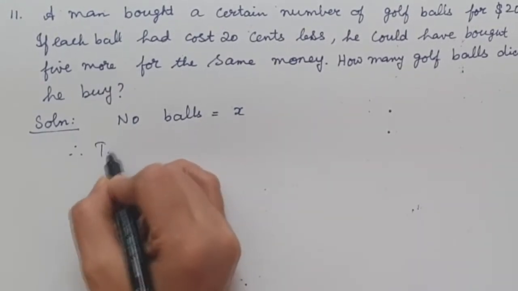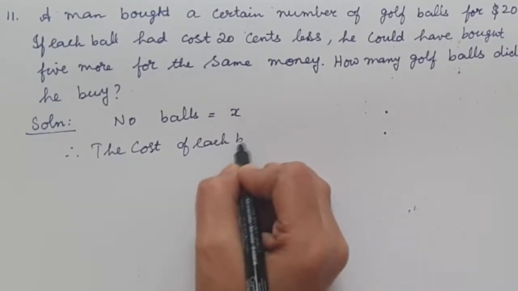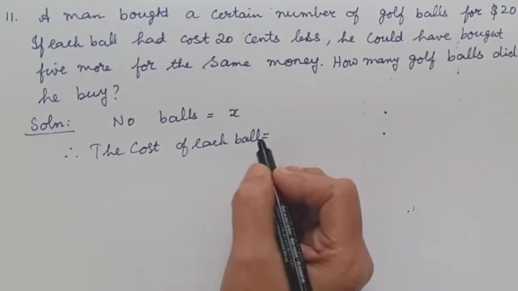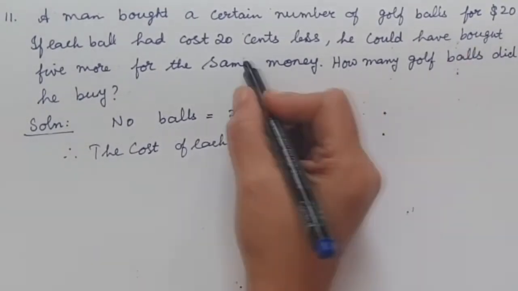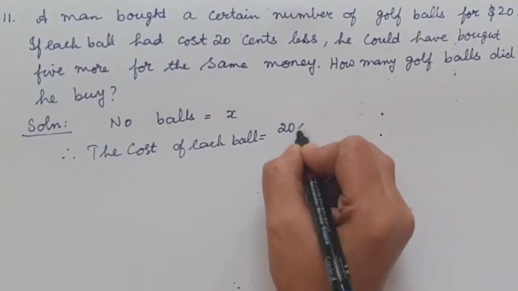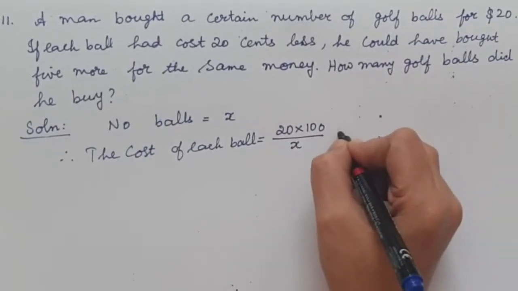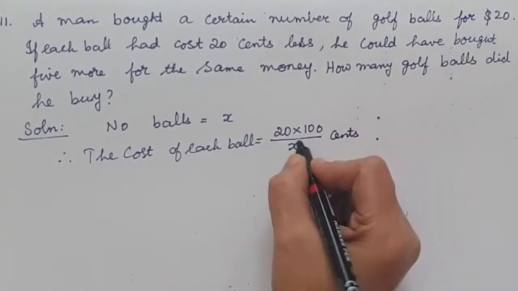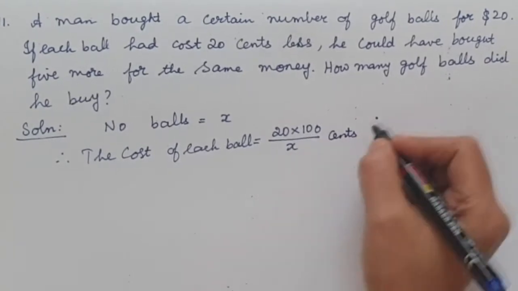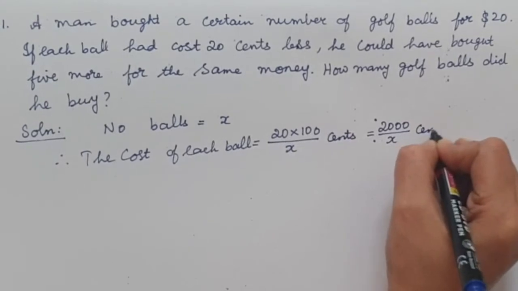Therefore, the cost of each ball will be equal to, this is in dollars, isn't it? But here it is in cents. So, we'll convert it into cents. So, 20 into 100 divided by x cents. Because to convert dollars into cents, we multiply by 100. So, it is 2000 divided by x cents.